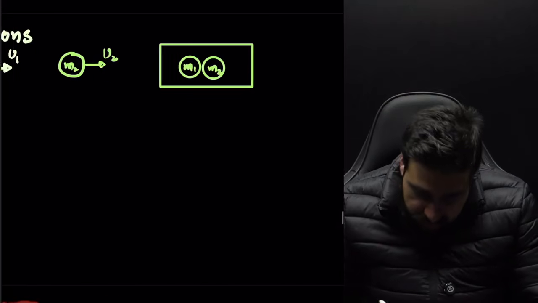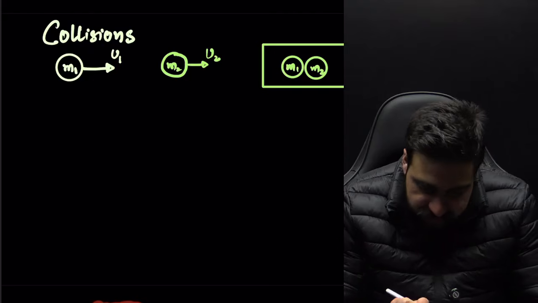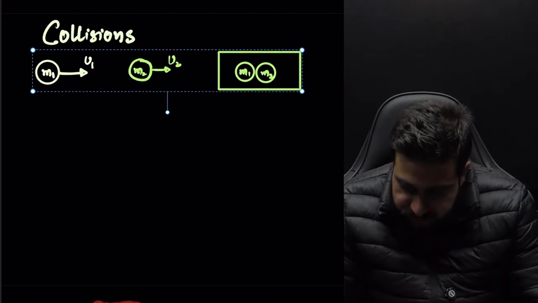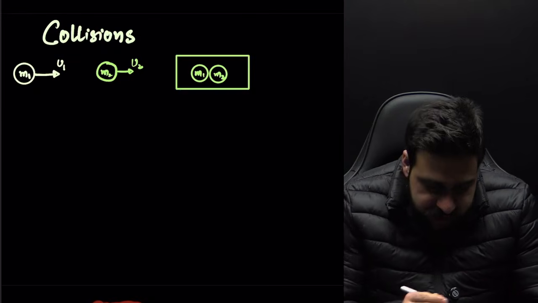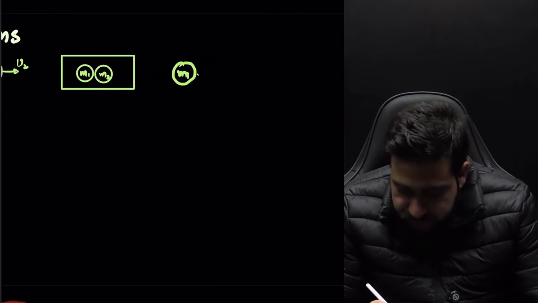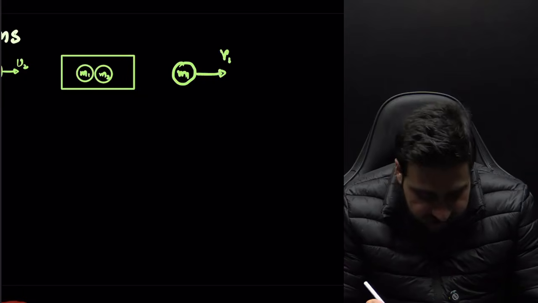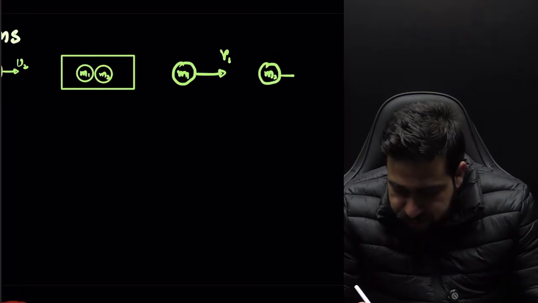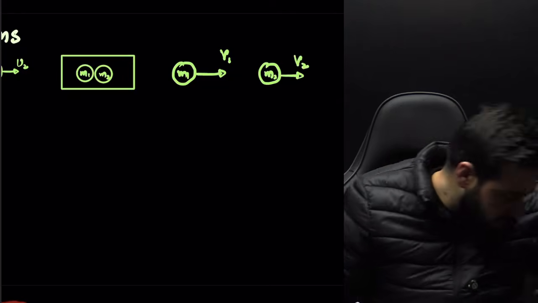After the collision, my dear NEET aspirants, listen to me very carefully. After the collision, this mass m1 is moving with speed, let's suppose v1, and this mass m2 started moving with speed, let's suppose v2.